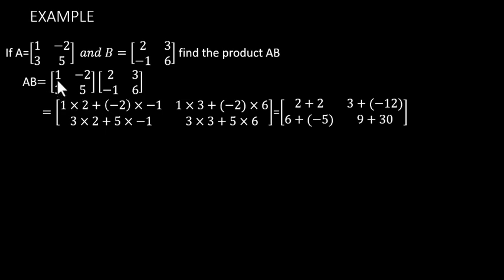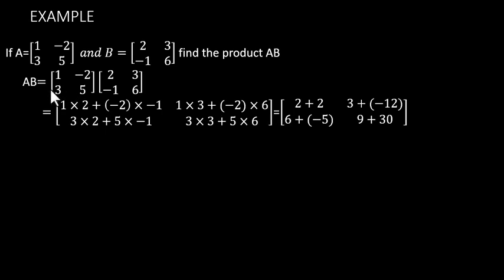So 1 multiplied by 2 plus negative 2 multiplied by negative 1. Then 1 multiplied by 3, plus negative 2 multiplied by 6. So we're done with the upper part.